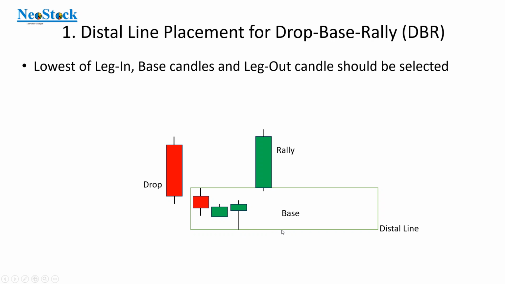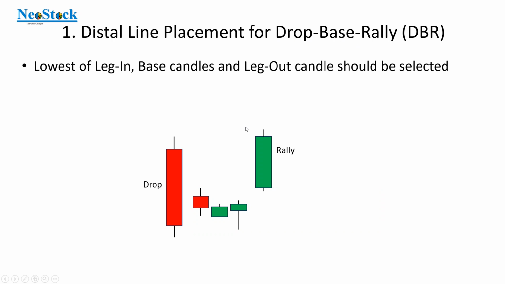Let us see one more example for the same drop base rally. In this example, let us apply this rule: lowest of leg in, base and leg out. Among all these candles, which one has the lowest? Your leg in has the lowest. So now you have to draw your zone something like this.